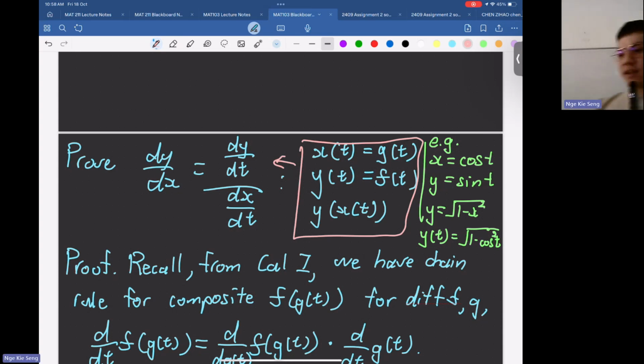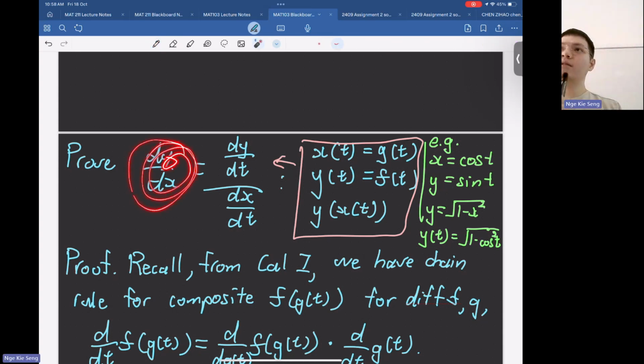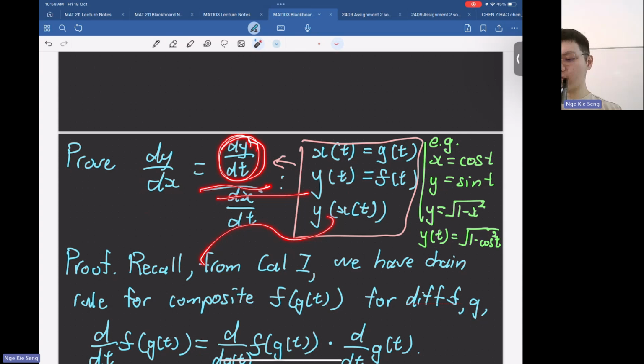This dy dx happens on the plane, but dy dt and dx dt just happen on the line. You take the quotient, the rate in one direction compared to the rate in the other direction, and combining them you see the rate of change on the two-dimensional space. Does it make sense?